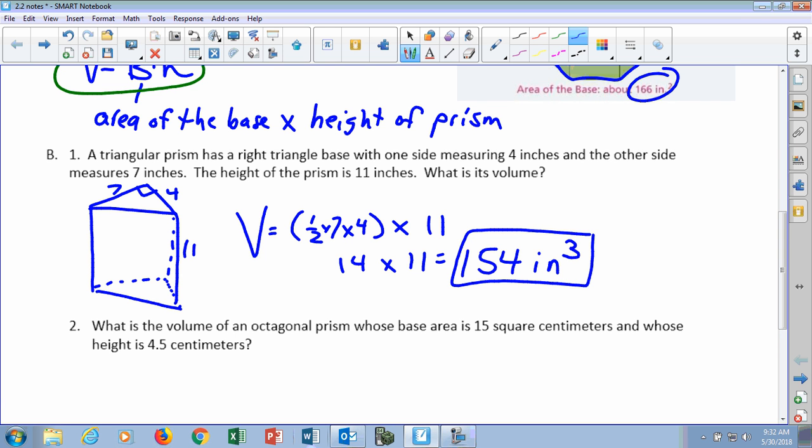Very important that you include the unit of measurement too, in cubic units, because you're talking about volume. If you leave the 3 out, you're just talking about a straight length that's 154 inches long. You're not talking about an area to fill. Okay. Very good. And again, this was the base, and that was the height using that formula.